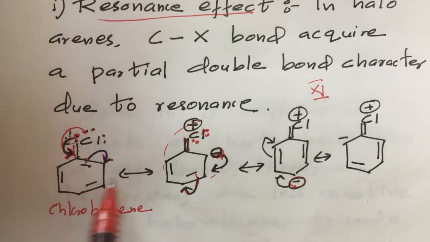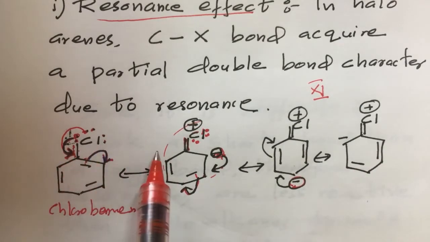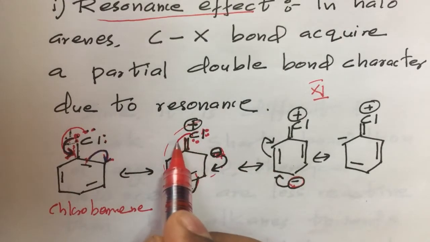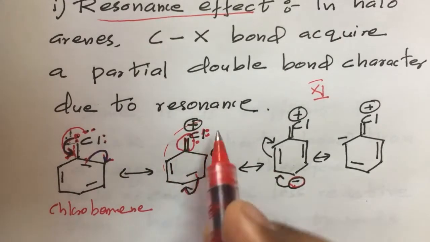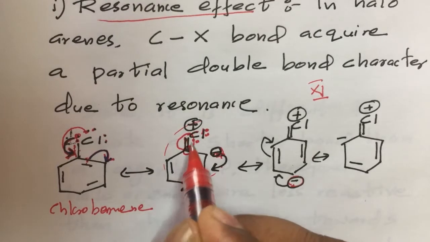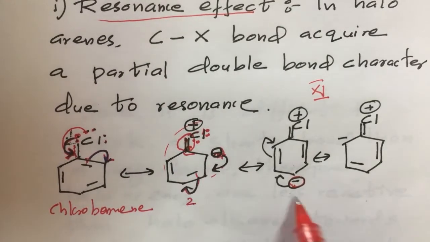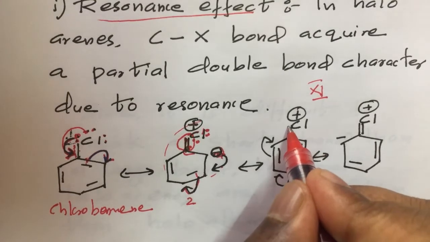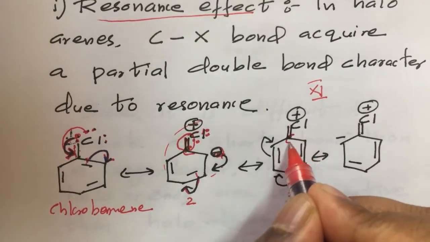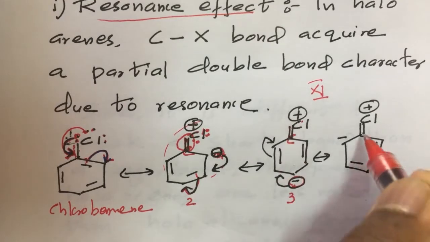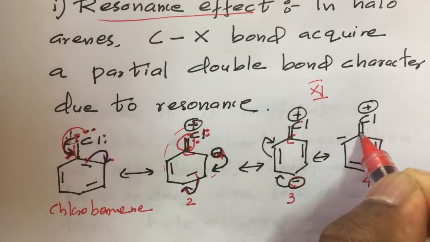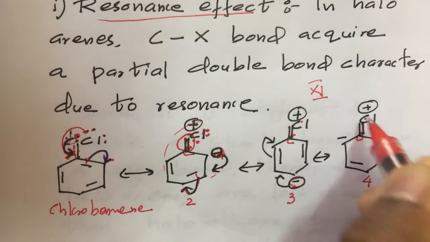From all these resonating structures, it is very clear that due to resonance there is a partial double bond character between carbon and Cl. See the second structure: here there is a double bond. In the third structure, a double bond between carbon and Cl. In the fourth structure, again a double bond between carbon and Cl.